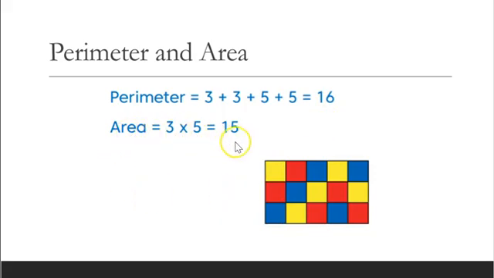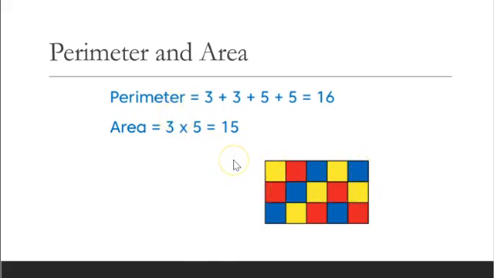For the area, I count how many squares are inside this rectangle, which I could count by ones all the way through. There's 5, and here's another 5.